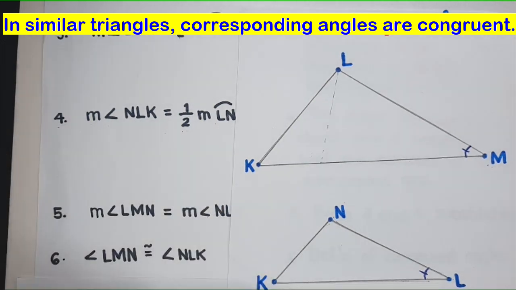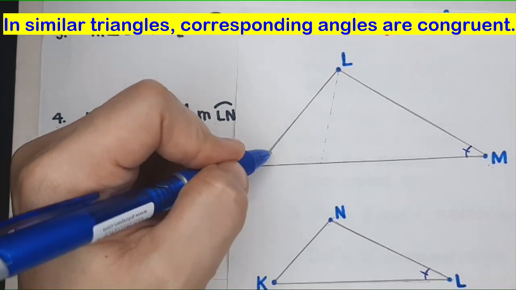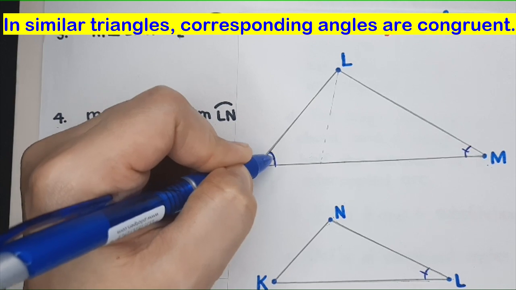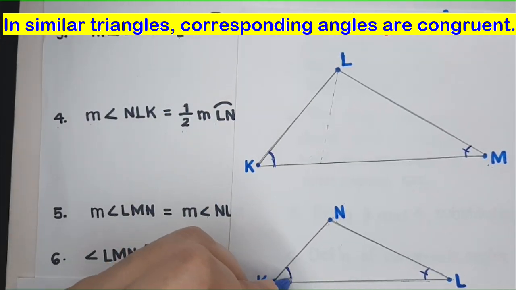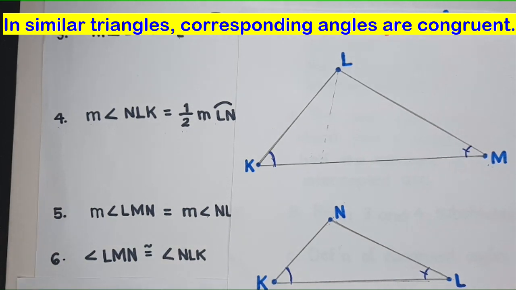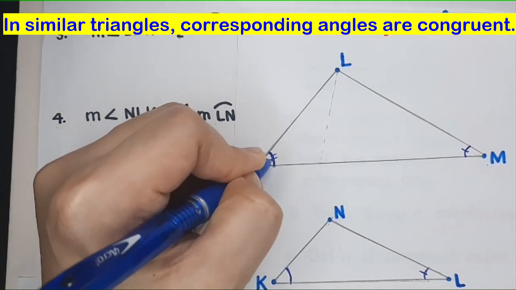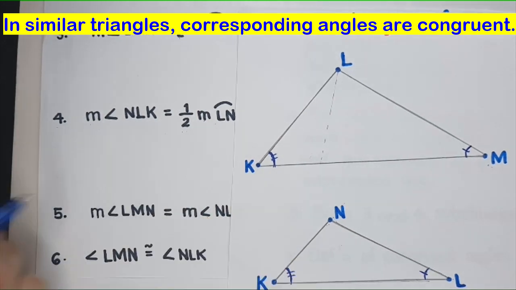Actually, from these two triangles, we can easily say that this angle measures the same as this angle, because they are both angle K. That's going to be the sixth statement.